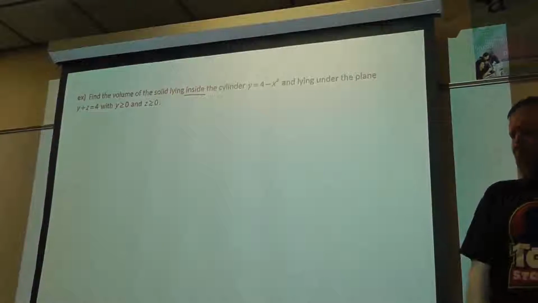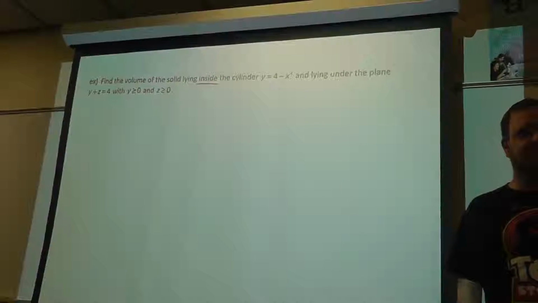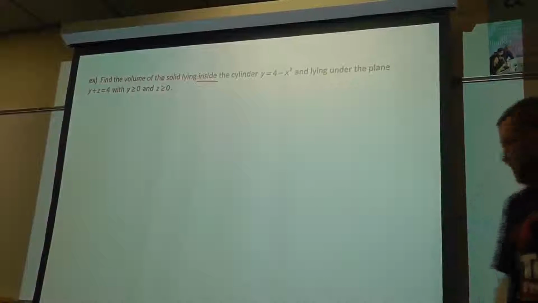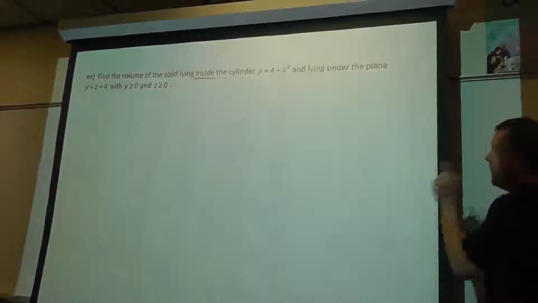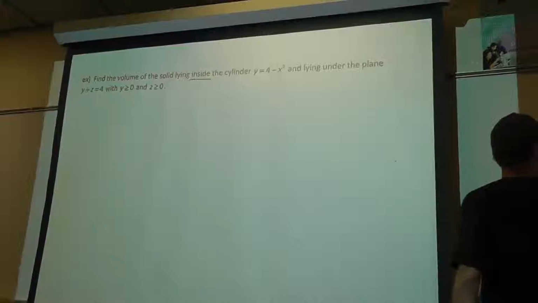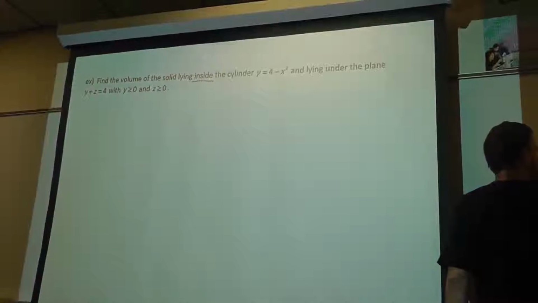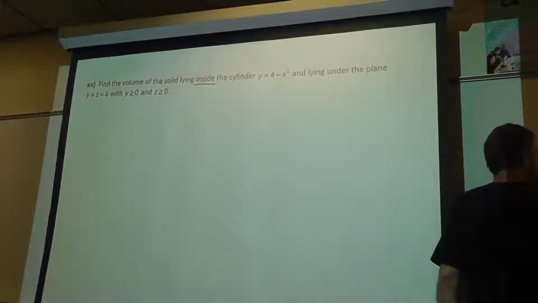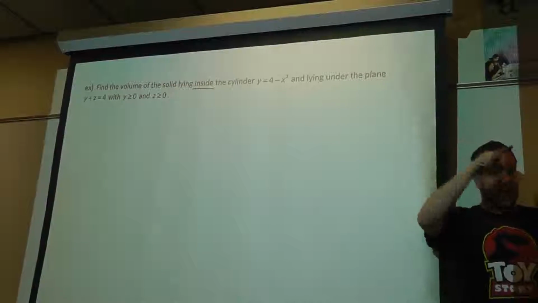What's y equals 4 minus x squared in just the xy plane? Say parabola. Is it downward? Y equals 4 minus x squared, so it's a downward parabola, shifted up to the y equals 4 value for its y-intercept and opening down.